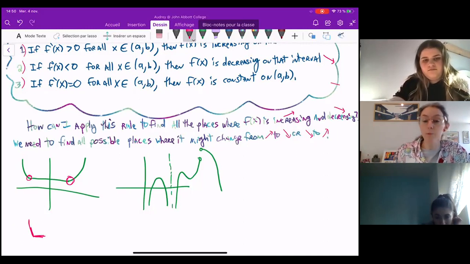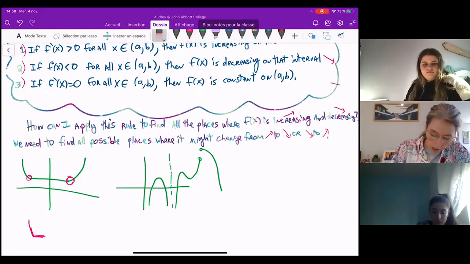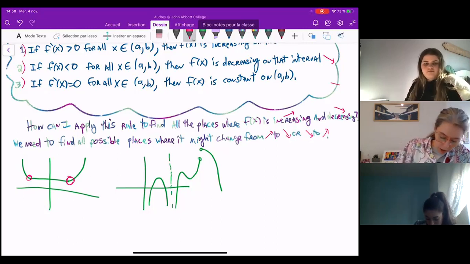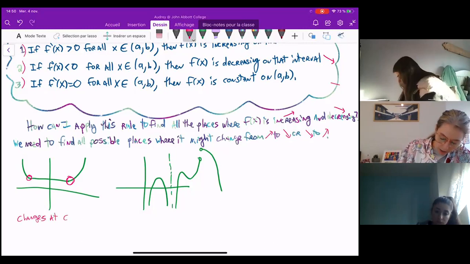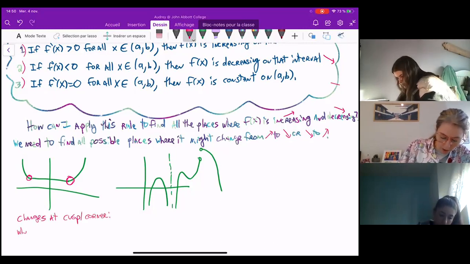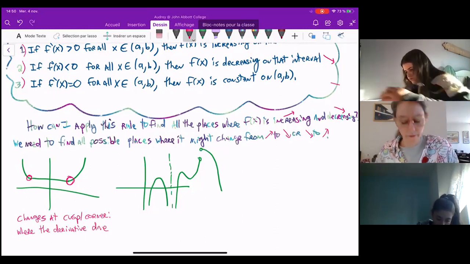You got it. It's a cusp or a corner. And does the derivative exist at those places? No. So here it changes at a cusp or a corner where the derivative does not exist.